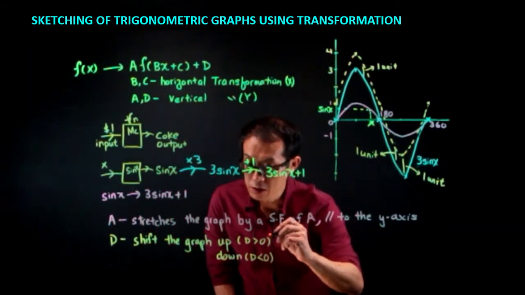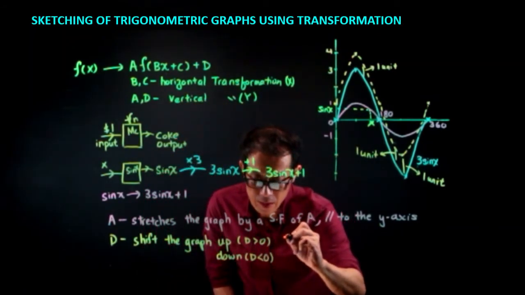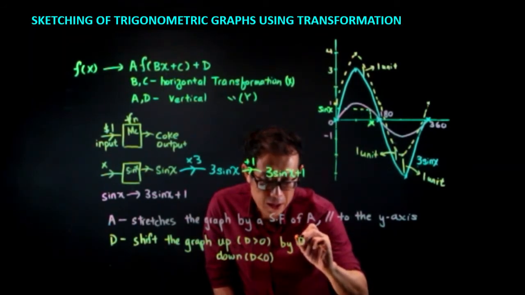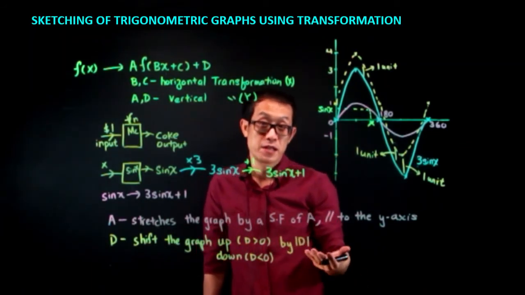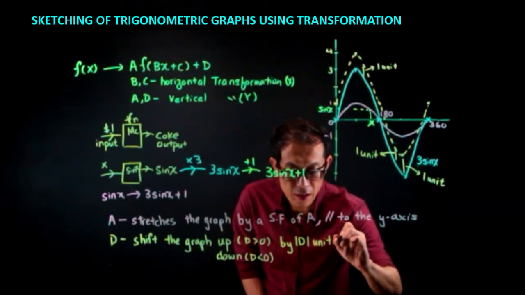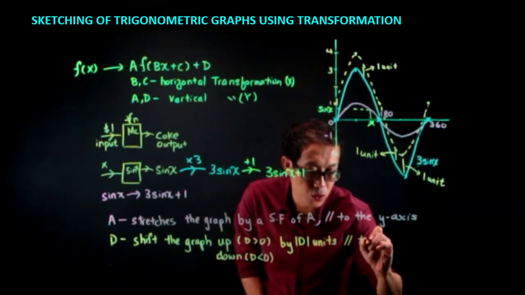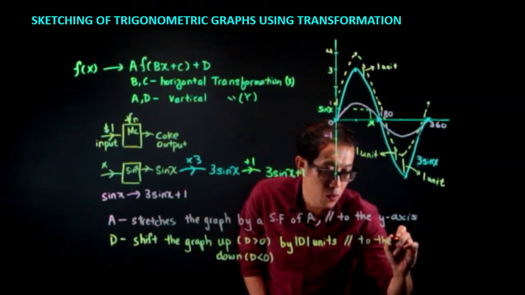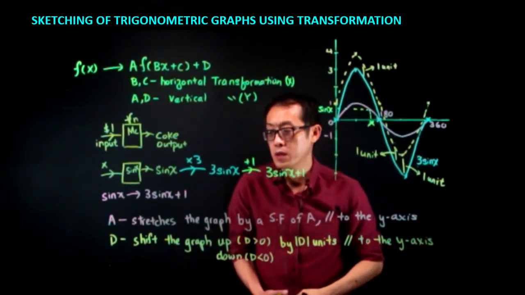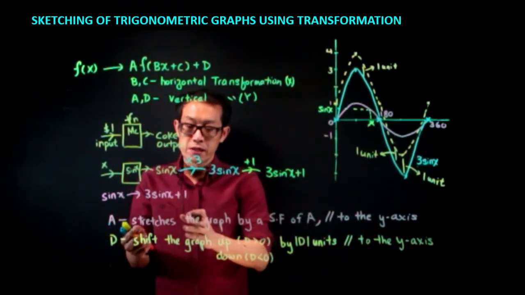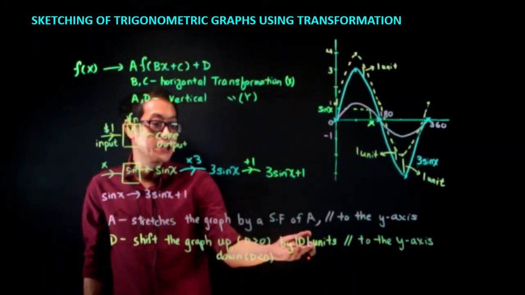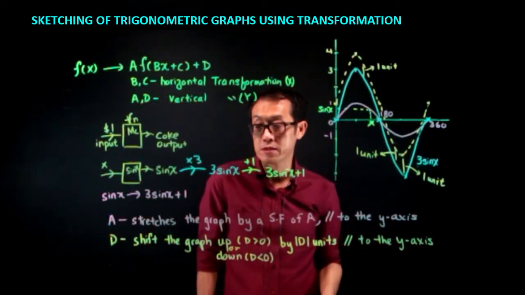Shift the graph up or down by modulus D units, that means I take the positive value of D, parallel to the y-axis.